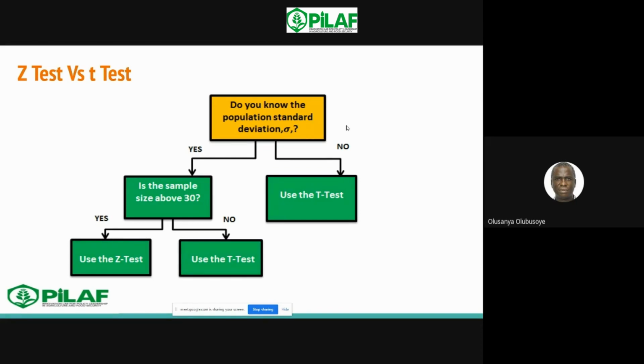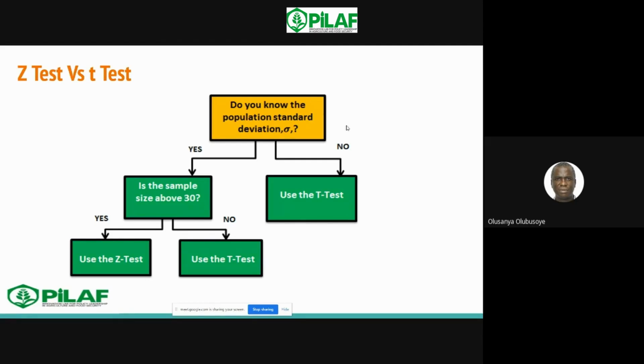You use the t-test if the population standard deviation is unknown and the sample size is small, so you now need to estimate the population standard deviation from the sample data that you have. And of course, the last possibility is that the standard deviation is not known, and the sample size is large or small, so you use the t-test.